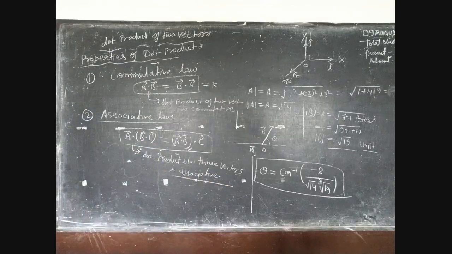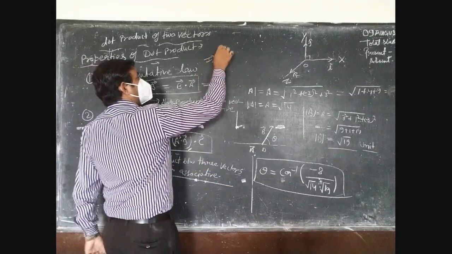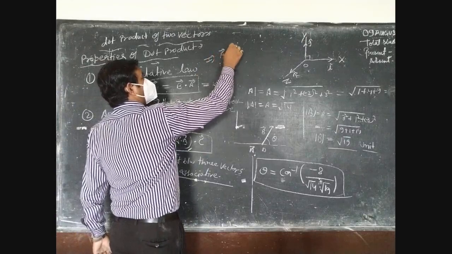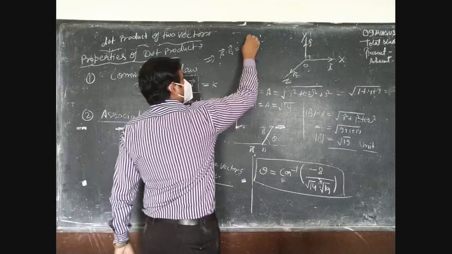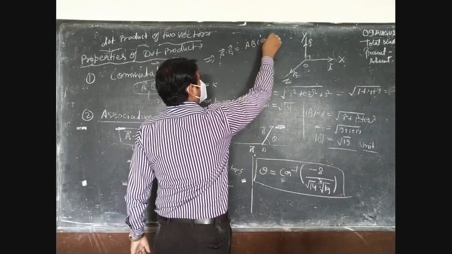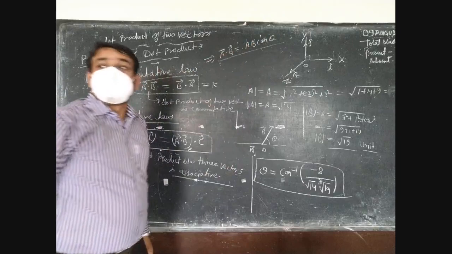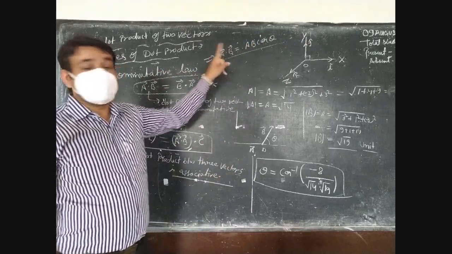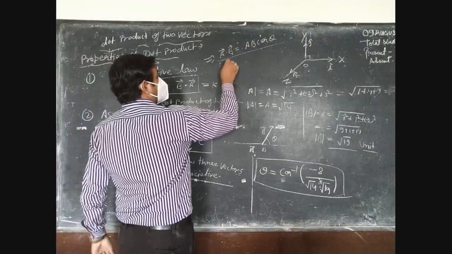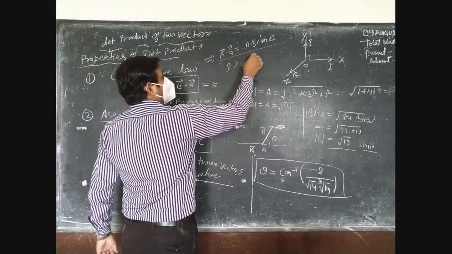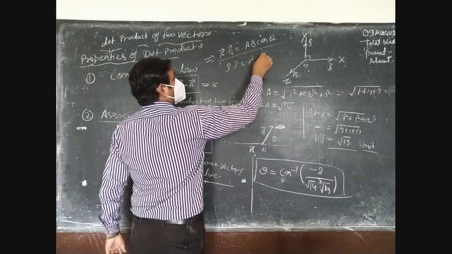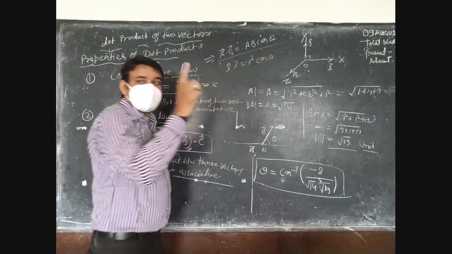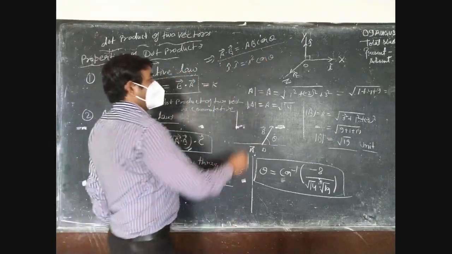Okay, as we find that when vector A and vector B multiply, we get the result AB cos theta, and it is clear by using this that i dot i is i square cos theta, because we get i into i square.